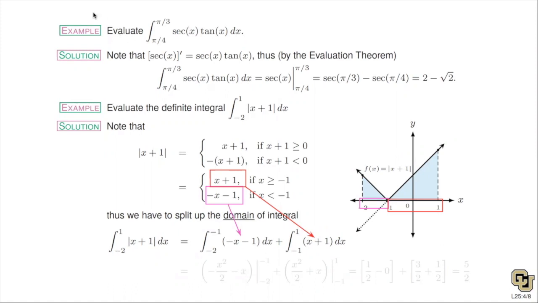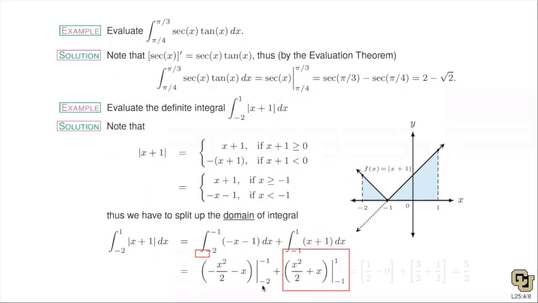Now we do each of these integrals separately. So here, I find the antiderivative, and then do the second integral, find the antiderivatives, and then we do f of b minus f of a for each term separately. And so when I did that, I got this for the first one, this for the second one, and then you combine everything, and I get the answer here is 5/2.